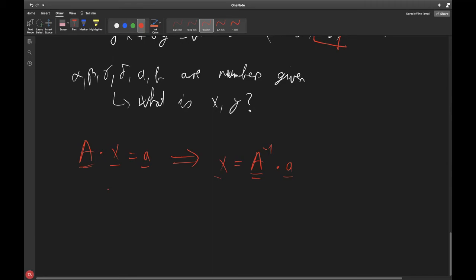If you have 5 unknowns and 5 equations, then you put it into a 5 by 5 matrix, you invert it, and there you go, you get the answer for your unknowns. So it's a super handy method for any number of equations.